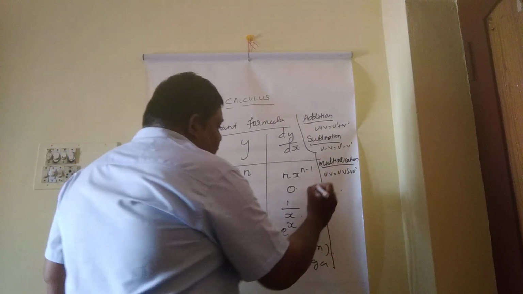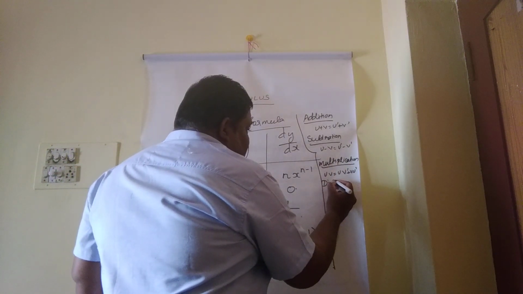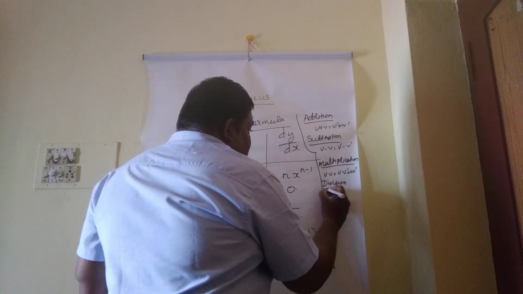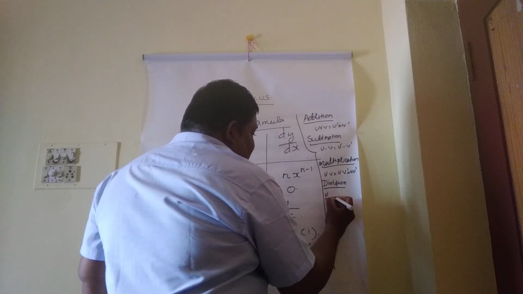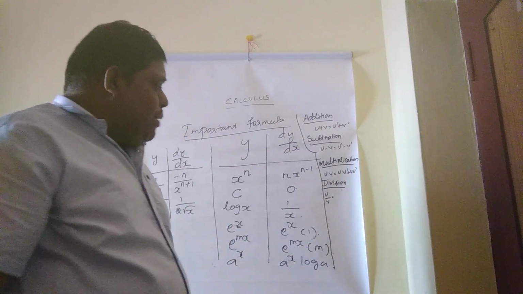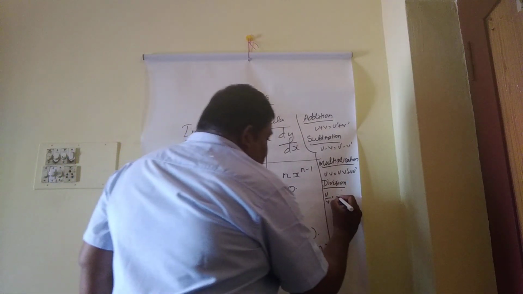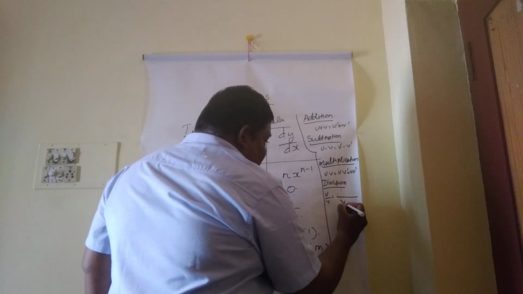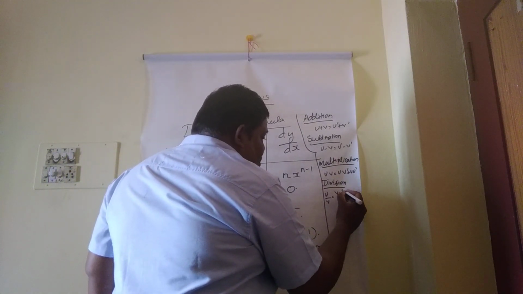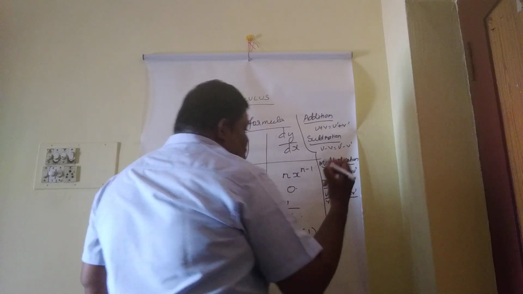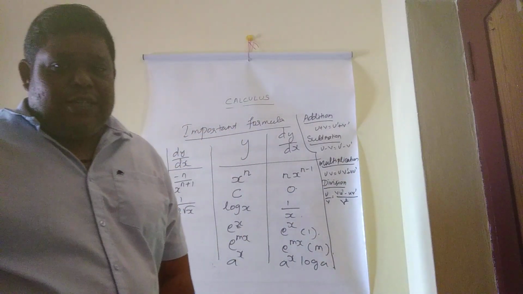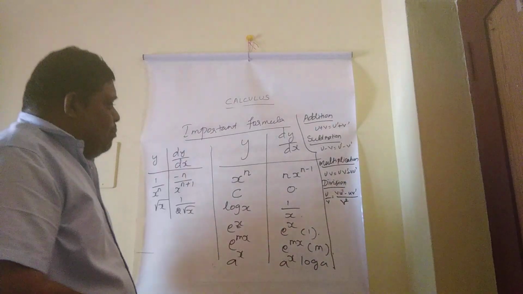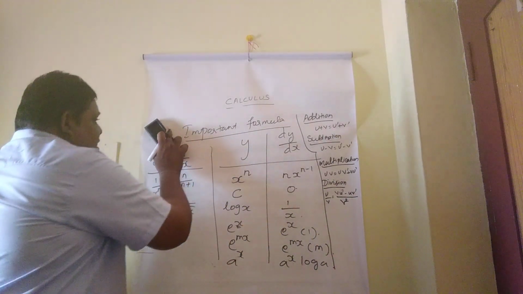And the last formula, the division term. Division can be written as u by v, numerator divided by denominator. The denominator is v squared, and the numerator is v into u dash minus u into v dash. This is the division term formula.